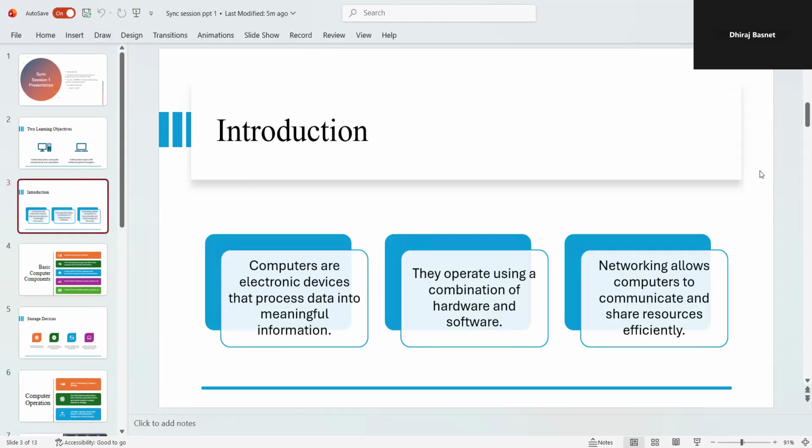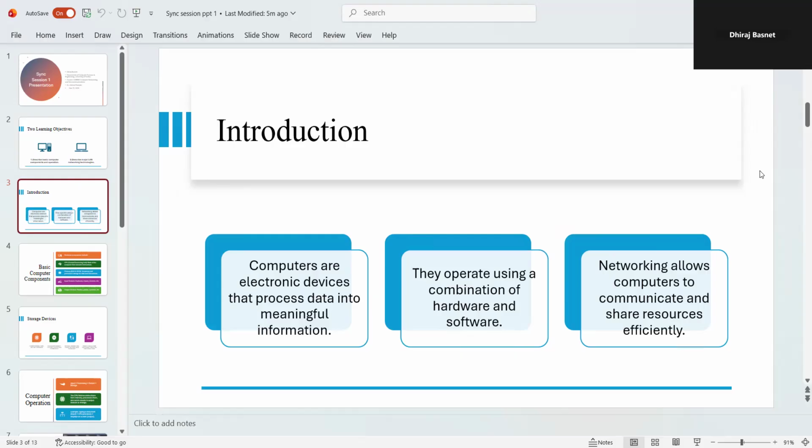So this is the introduction. Computers are electronic devices that process data into useful information. They consist of hardware, the physical components like CPU and memory, and software which provides the instructions for hardware to execute tasks.